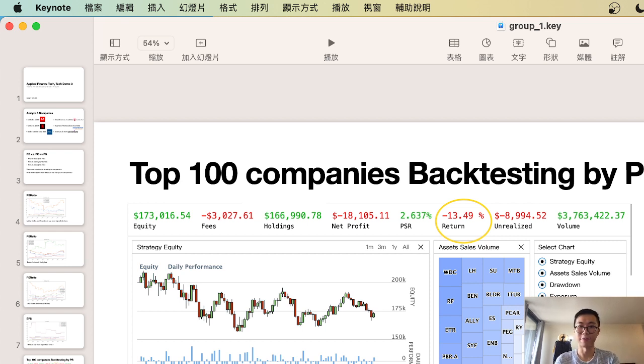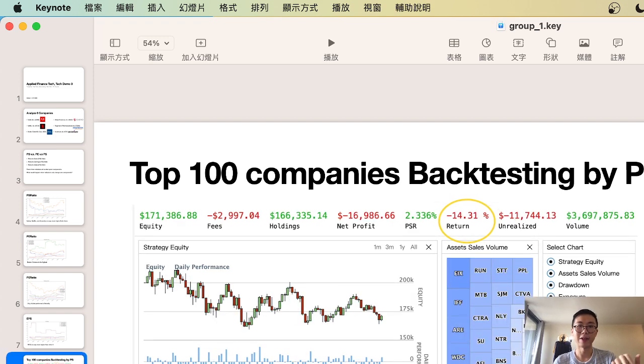But we can see all three indicators won't let you make money, which probably means either these three indicators are not suitable for trading the top 100 companies overall, or the market right now is not really great. No matter what indicator you use in this kind of algorithm, you couldn't make money because the overall market is not great.